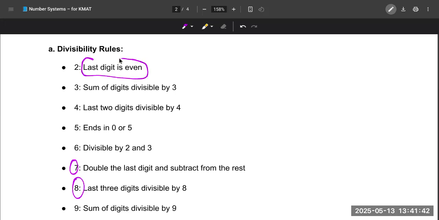A number is divisible by 2 if the last digit is even. Even if it is 0, it is divisible by 2. So if the last digit of a number is 0, 2, 4, 6, or 8, it is divisible by 2.